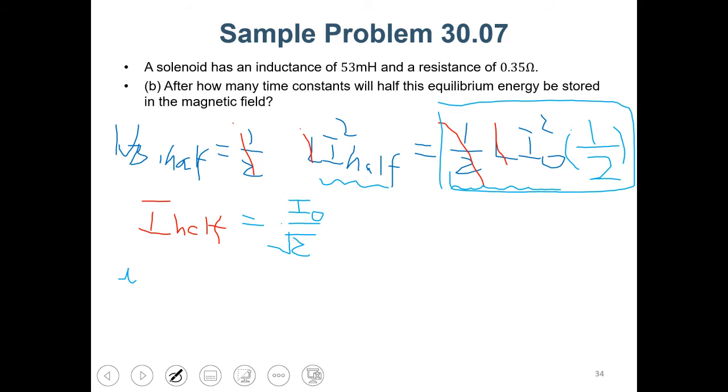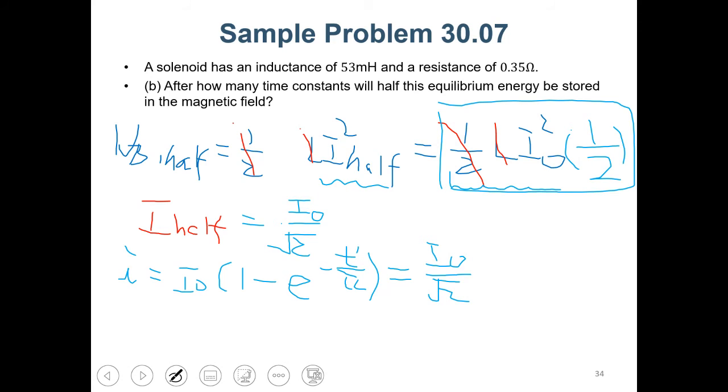And actually I equals I0 times 1 minus exponential of minus t over tau L. And now we want to know t prime, where I equals I0 over square root of 2.